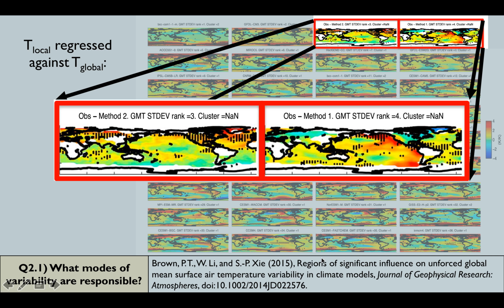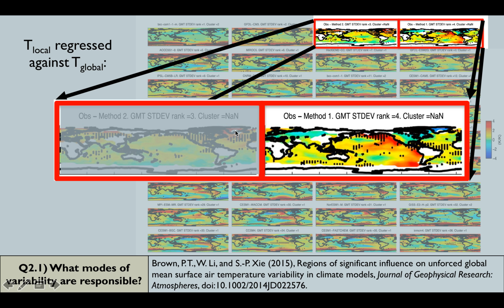So in this paper we demonstrated why there was this disagreement in the literature. It's hard to make a strict value judgment, but one of these methods, the one that gives you the North Atlantic, is essentially a naive type of detrending method, whereas the other method, which gives you the Pacific as the primary driver of unforced global temperature variability, takes into account how forcings varied in space and time throughout the 20th century.